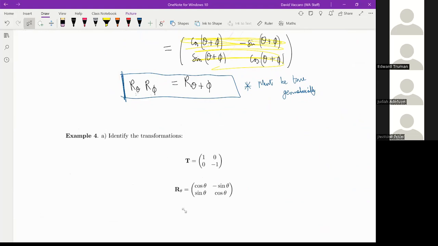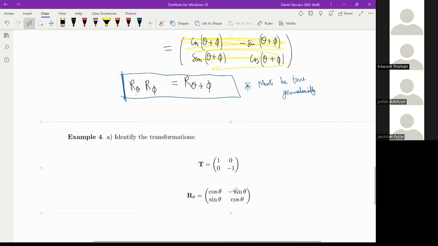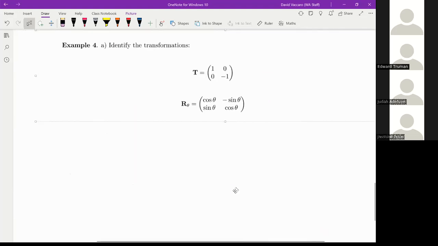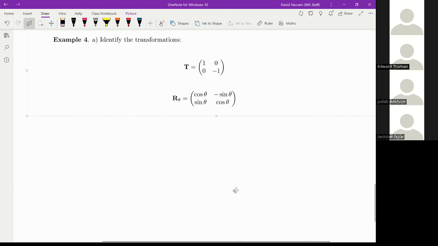So example 4 says identify the transformations T and R theta. Let's start with the transformation T. The transformation T has matrix (1, 0; 0, -1).